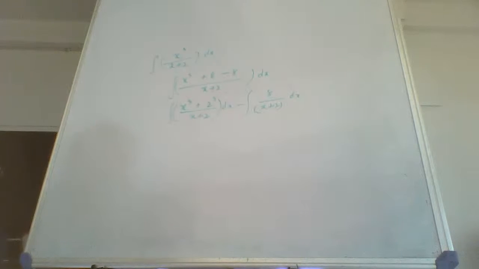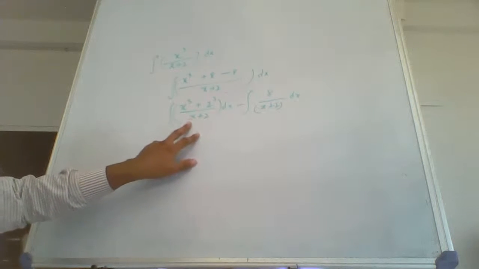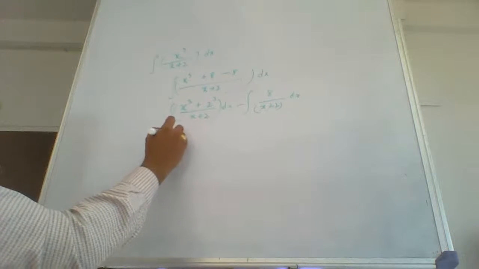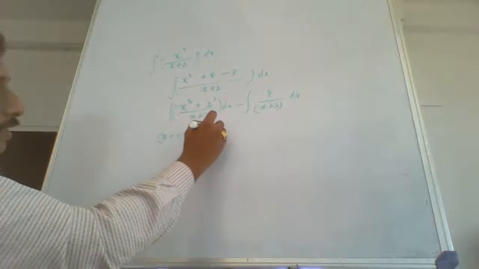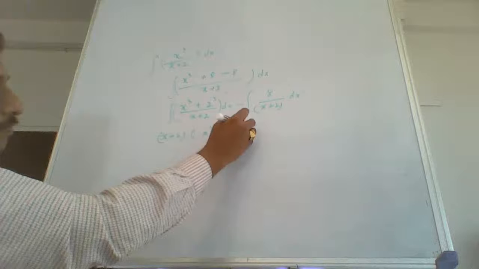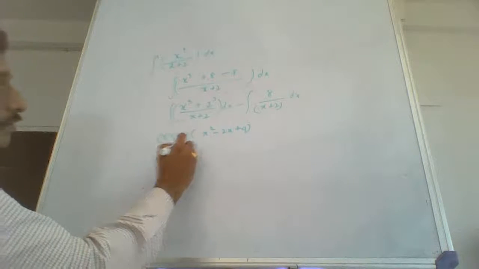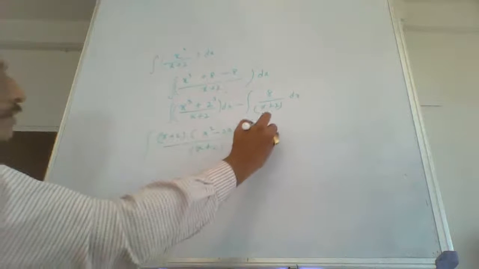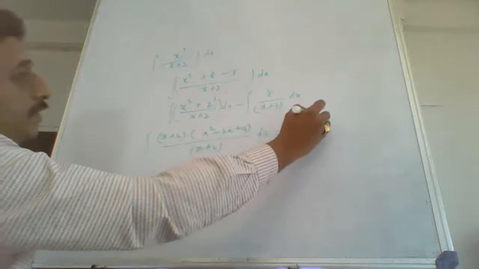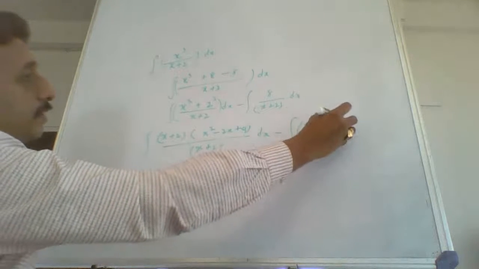Now I can expand this, so that will be x plus 2 into x square minus 2x plus 4, divided by x plus 2, integral dx, minus integral 8 by x plus 2 dx.